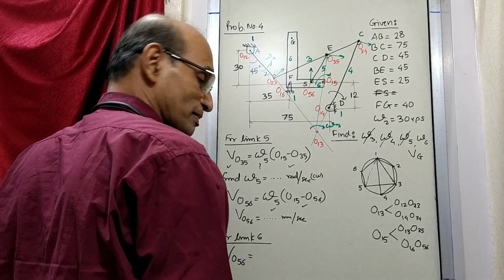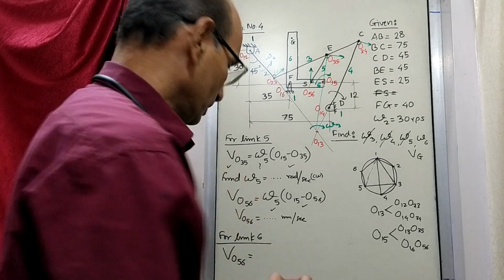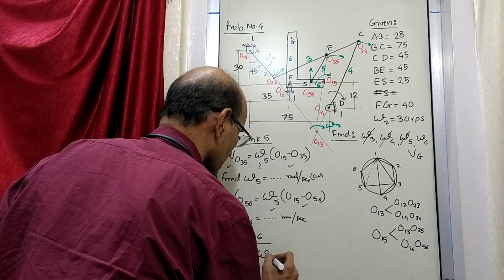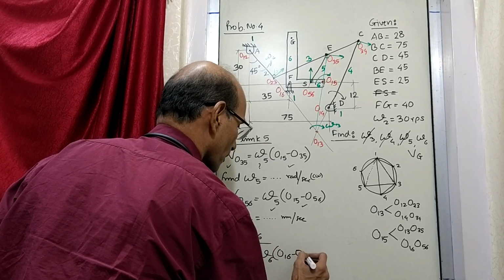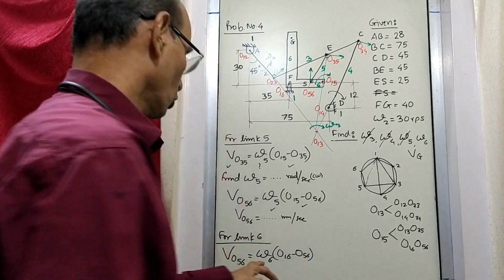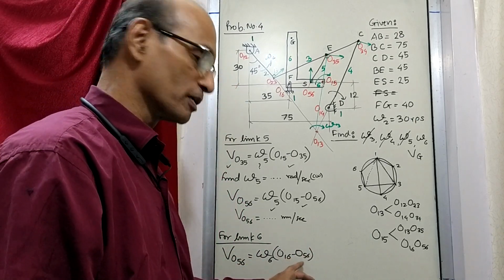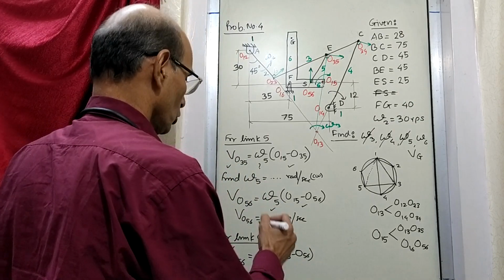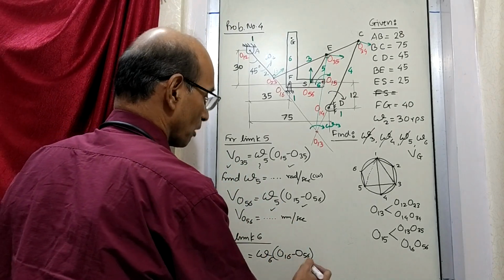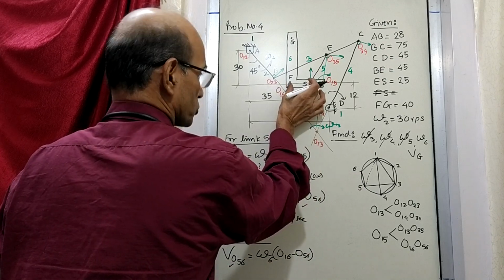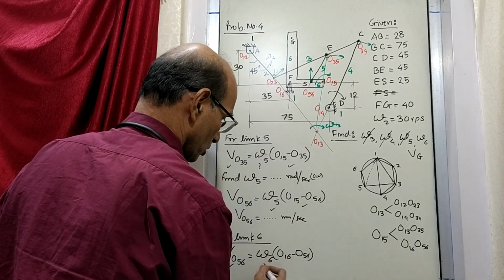So velocity of 5 6, if it is on 6, then it will be equal to omega 6 into distance from 1 6 to 5 6. What is known? 5 6 velocity is known. Distance from 1 6 to 5 6, this distance, is also known. So you can find out omega 6.